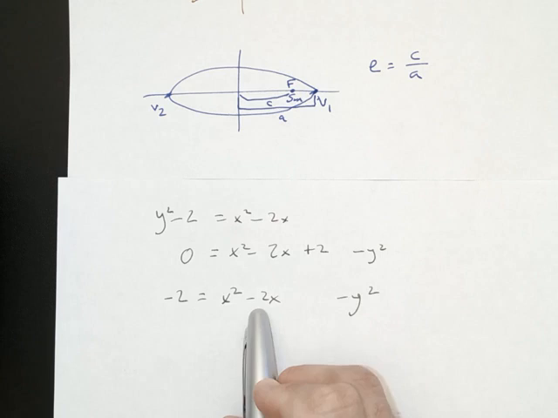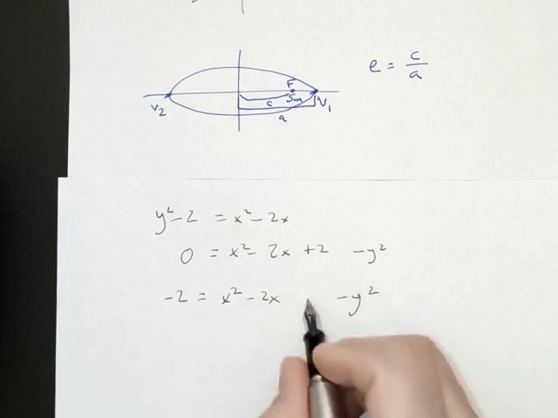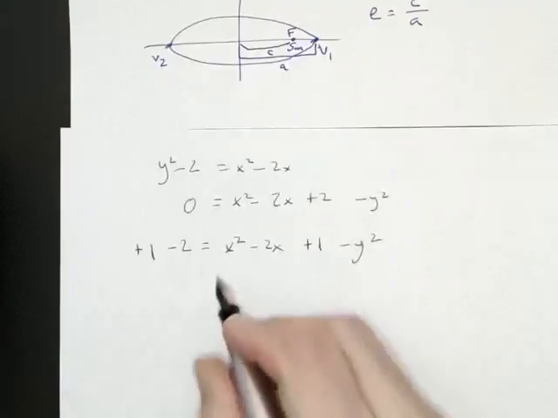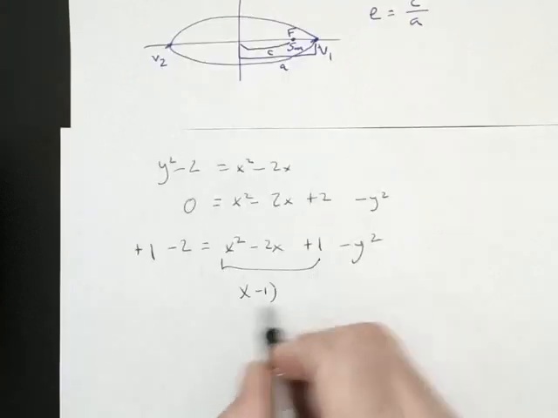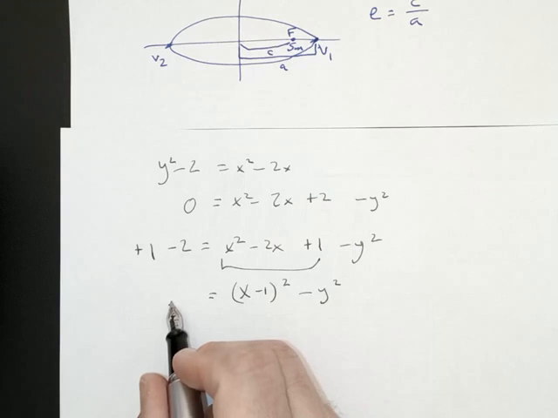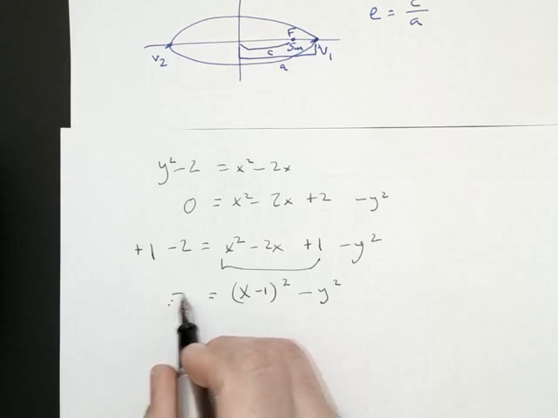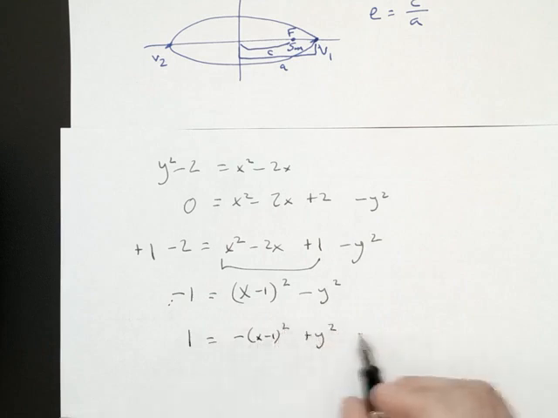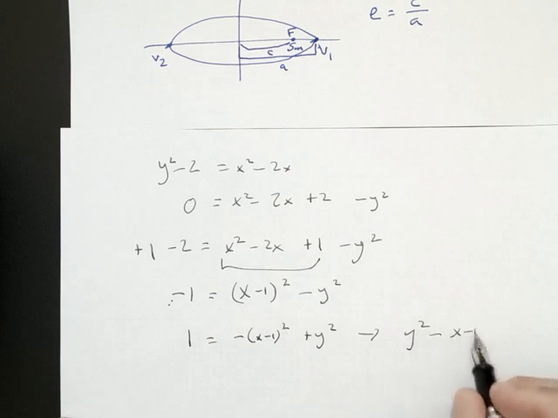So half of -2 is -1. Square that, you get +1. So the thing that goes here is a +1. But if I add 1 here, I need to add 1 there. And now this piece becomes x minus 1 squared. What do I get over here on the left? If I'm doing a hyperbola or an ellipse, doesn't that side need to be a +1? Multiply by -1. Or we could write it on the other side.